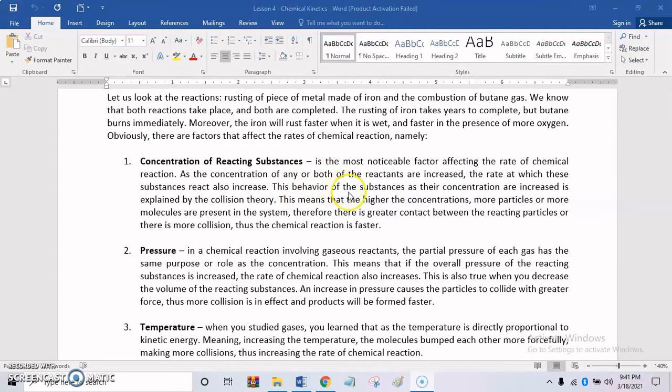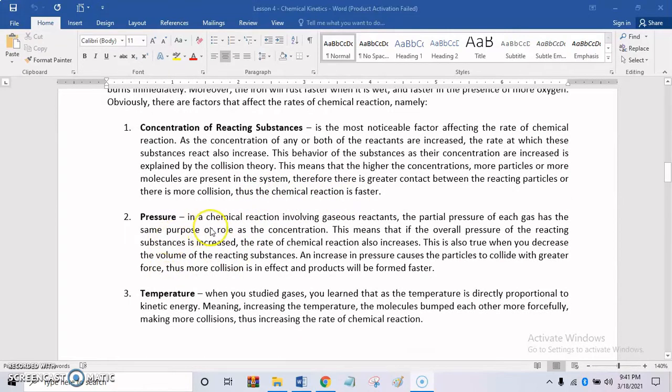This behavior is explained by the collision theory. This means that the higher the concentration, the more particles or molecules are present in the system. Therefore, there is greater contact between the reacting particles, or there is more collision, thus the chemical reaction is faster.